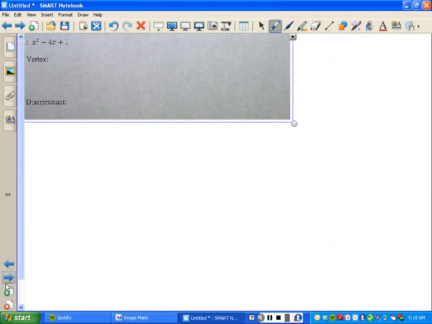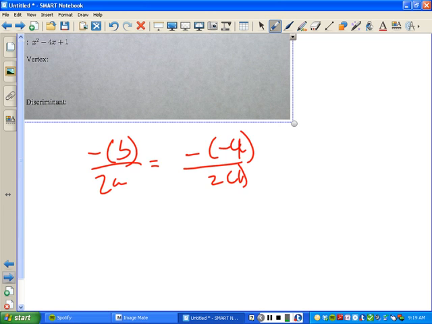How do you find the vertex? Who remembers? Sarah? It's negative b over 2a. So in this case, it's negative negative 4 over 2 times a, which is positive 4 over 2, which is 2. So the vertex has an x-coordinate of 2.